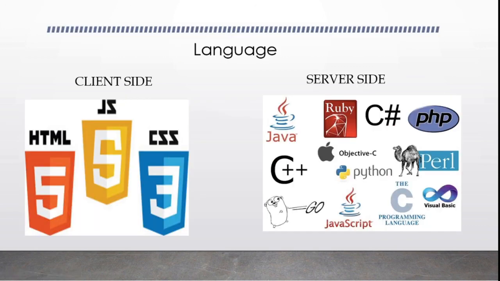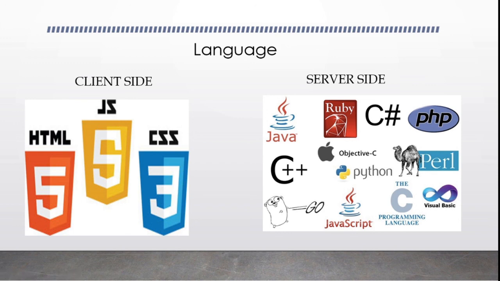Let's see what kind of languages are used in client side and the server side. So the client side has HTML, JavaScript and CSS. As I have told you, HTML is responsible to design any website. JavaScript is helpful to make any kind of website dynamic.